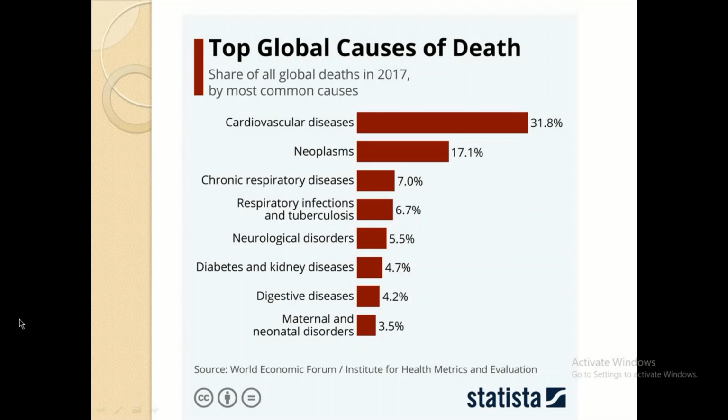The second position was occupied by cancer, about 17.1% of the people who die because of cancer. For example, if the survey was taken for 100 people, among those 100 people, 17 people used to die because of cancer. Now you understand the seriousness of the problem, how serious cancer is.